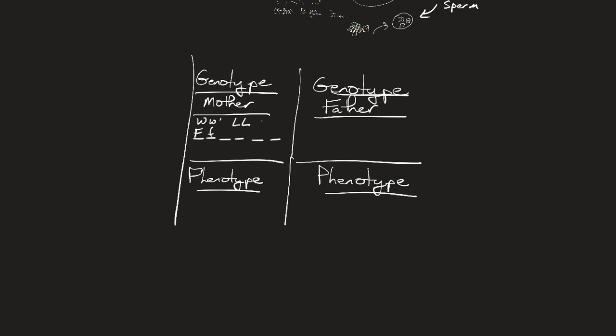I'm just making these up. AA, CC, HH, and that's it. Oh, I forgot TT and RR. TT and RR. So that's my female.